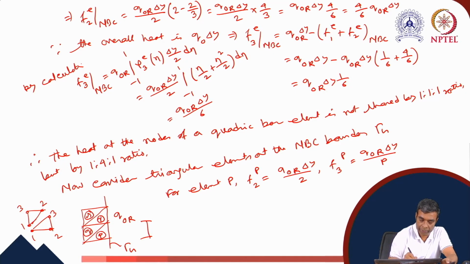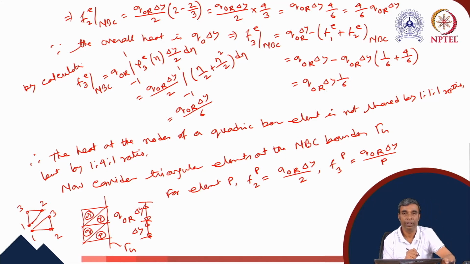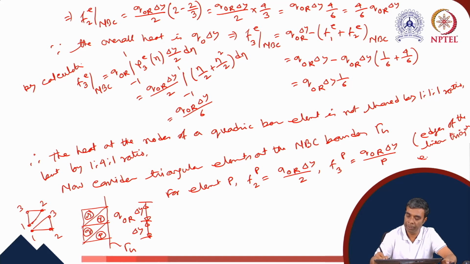So this dimension is delta Y. This dimension is also delta Y, because the edges of the triangular element also act as two-noded or linear bar elements.